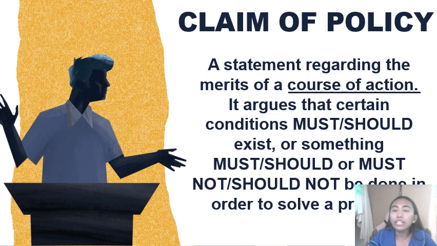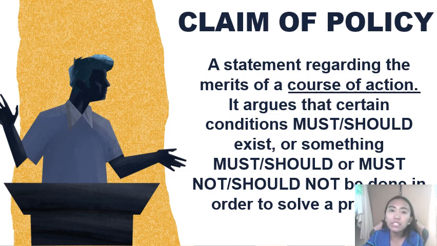So, here in claim of policy, we have a problem, or we are letting our reader know that a problem arises, and our claim, our position, is the solution, how to solve that problem. Okay po.